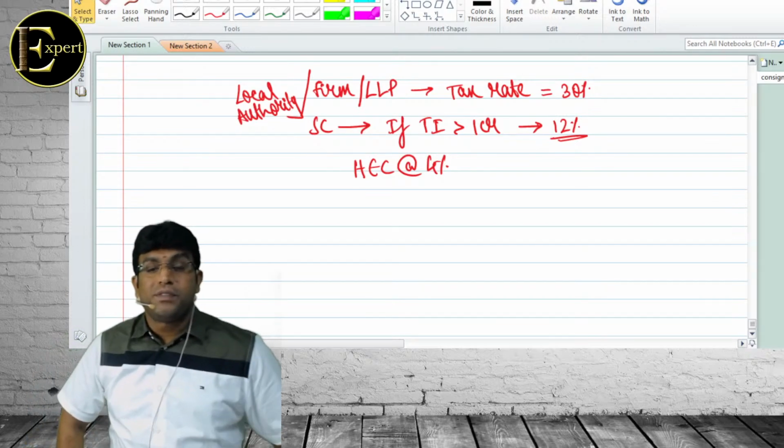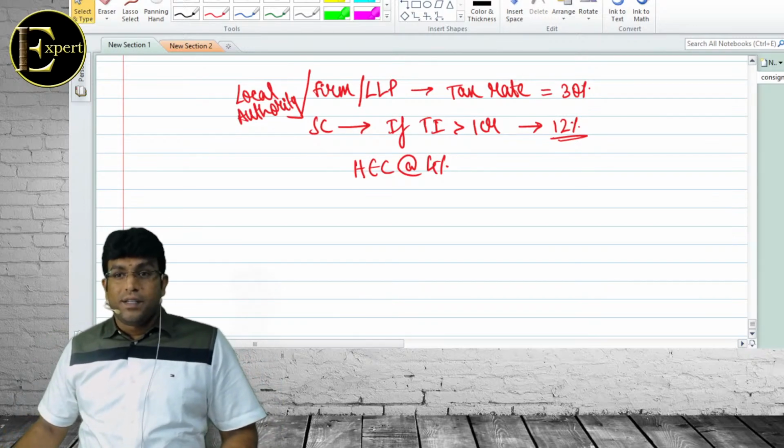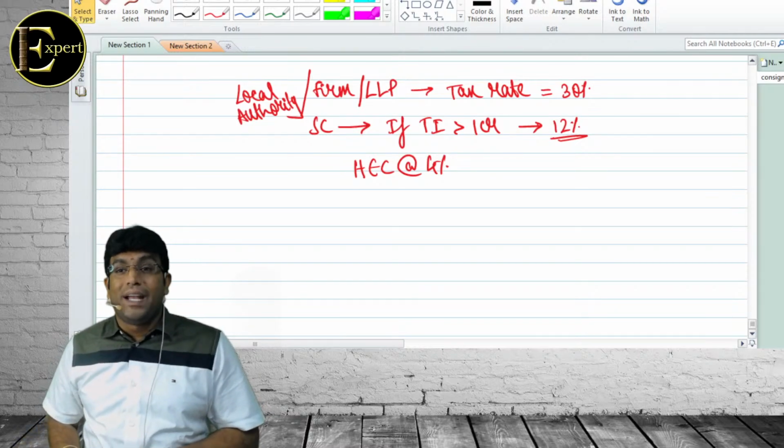So what is the tax rate for partnership firms? 30%. Surcharge? 12%. Total income is more than 1 crore.